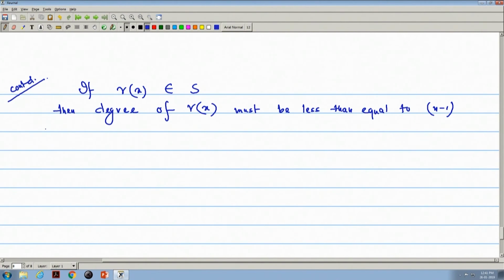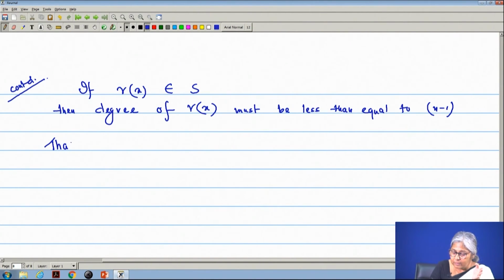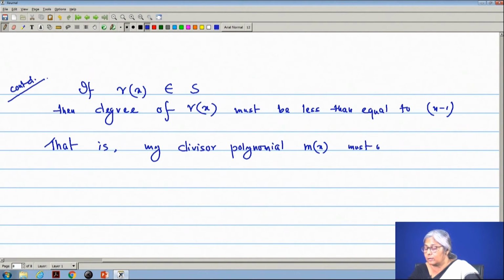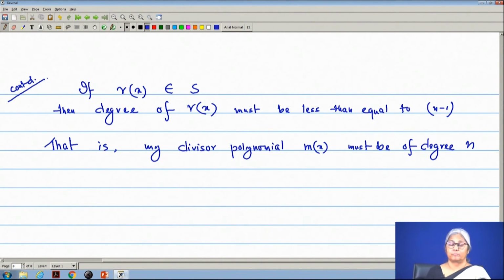That means that m x must be of degree n.